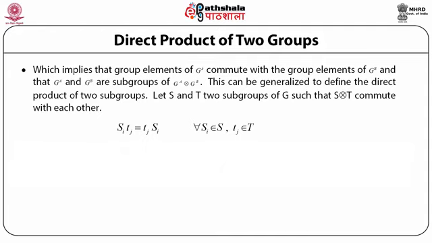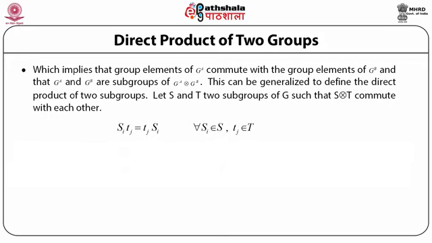Thus, in the direct product of two groups GA and GB, the elements of the group GA commute with the elements of group GB, and the groups GA and GB themselves are subgroups of the direct product group GA cross GB. This can be generalized to define the direct product of two subgroups.